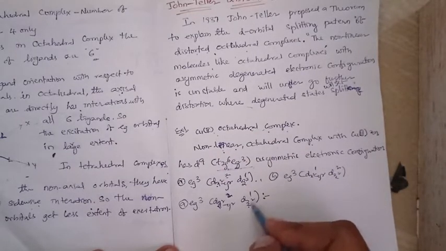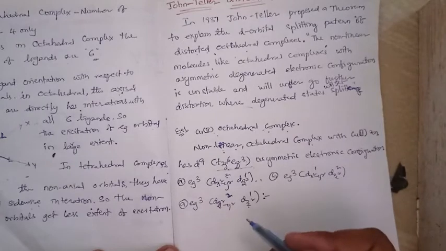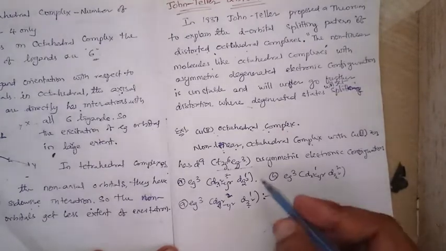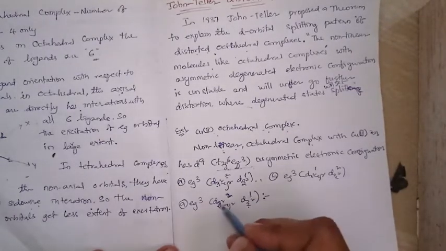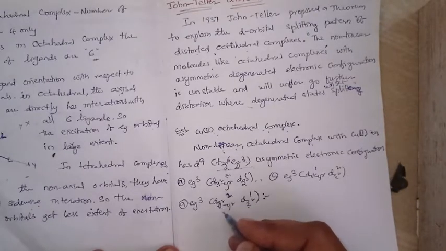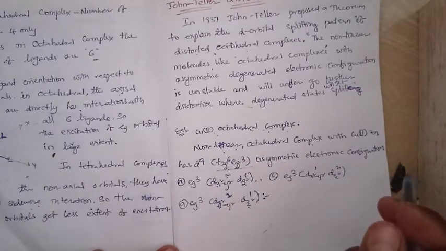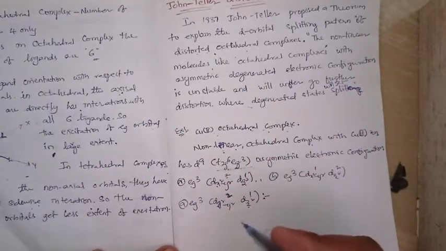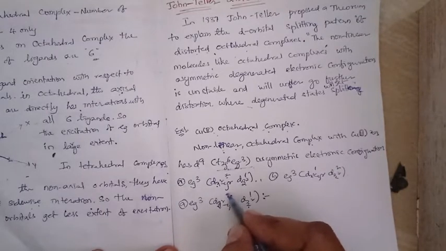When it comes to dz square, the lobes are up and down, and in that up and down direction only one electron is there. In the left, right, front and back directions, as it is dx square minus y square, there are two electrons, so larger electron density in the x direction and y direction.